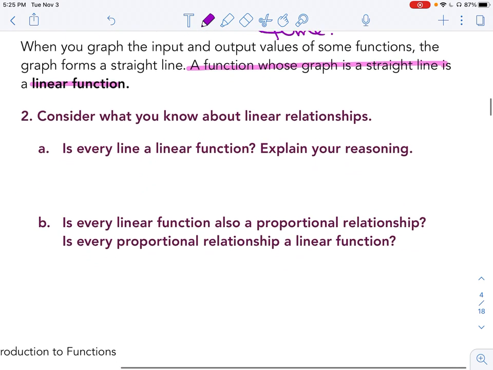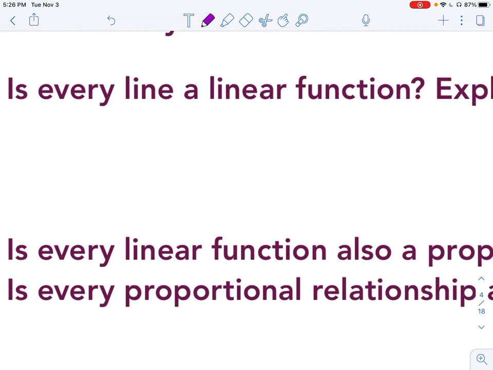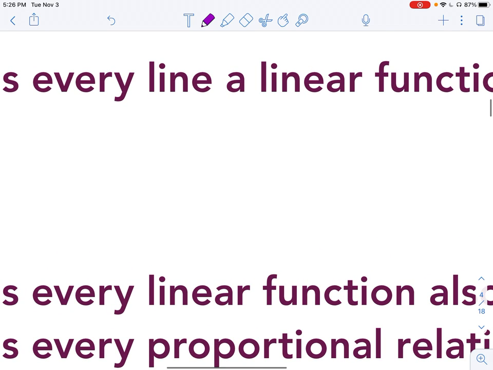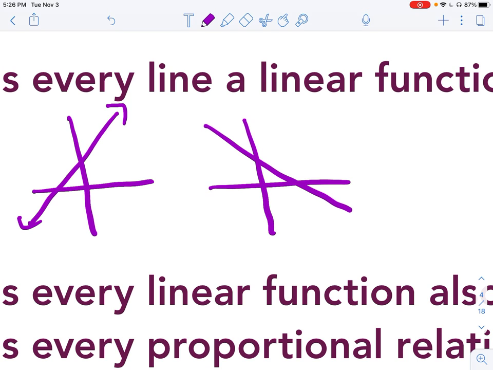Important to know that. Consider what you know about linear relationships. Is every line a linear function? Well, if I drew this, would that be a function? If I drew this, would that be a function?